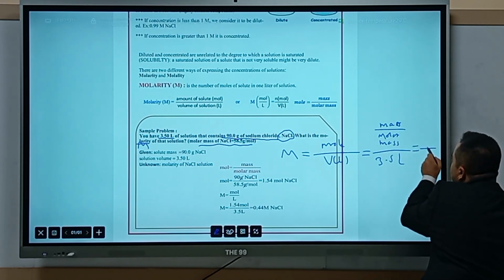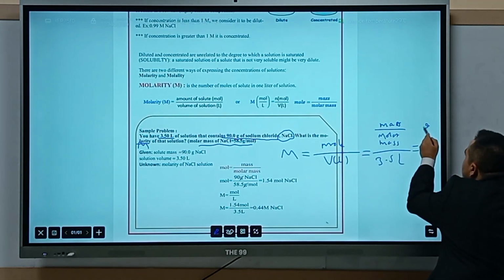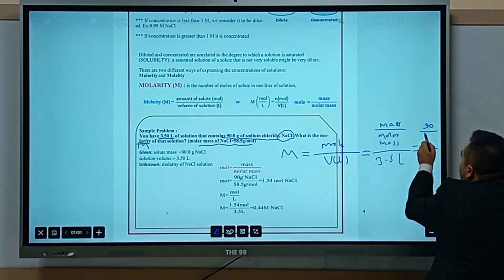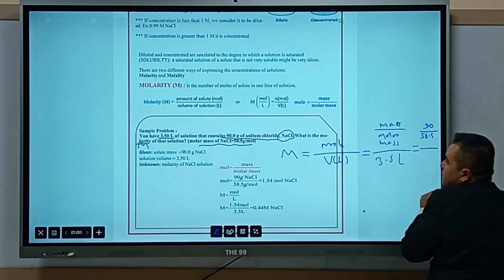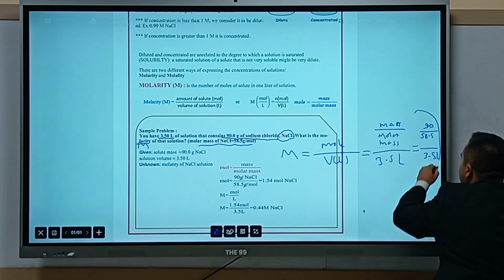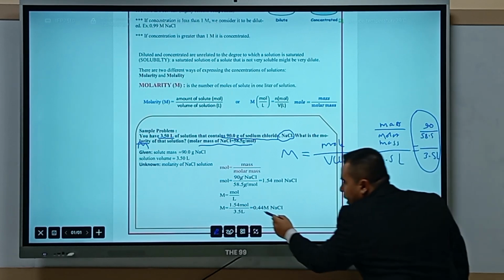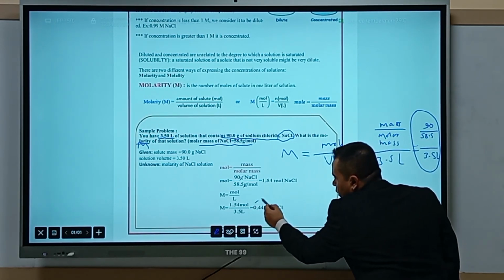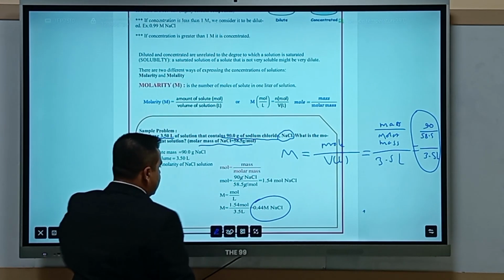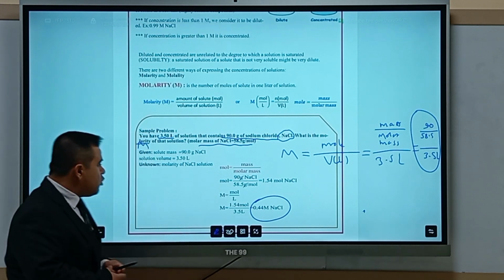The result is: mass is 90 grams divided by the molar mass 58.5, and divided by 3.5 liters. This result is the concentration of the solution, which is 0.44 molarity of NaCl, and this is less than 1, so it's a dilute solution.